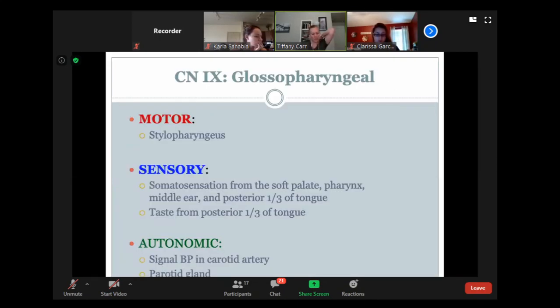So glossopharyngeal is the motor to the stylopharyngeus, and that's going to be one of our tongue movement muscles. It's going to provide somatosensation from the soft palate, the pharynx, middle ear, and posterior 1/3 of the tongue, and taste from the posterior 1/3 of the tongue. It has a unique aspect for the autonomic in signaling the blood pressure in the carotid artery and the parotid gland.